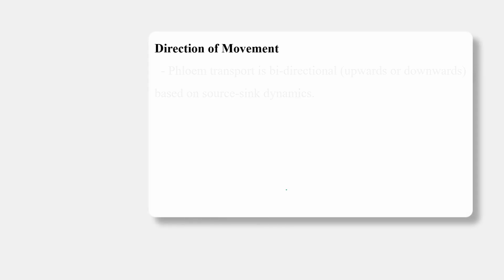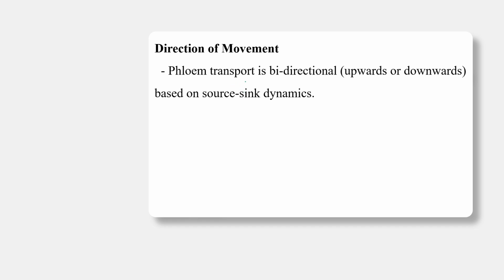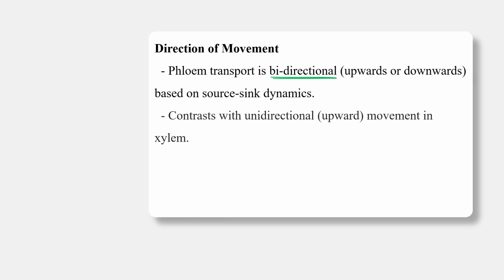So, direction of movement. Phloem transport is bidirectional. We have discussed this point so many times: upward or downward, wherever food is needed. So both directions based on source-sink dynamics, while the water movement is unidirectional, meaning upward only from root to other parts of the body.